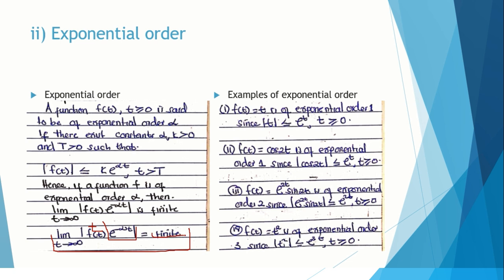So when we place in our alpha being equal to 1 and t tending to infinity, we know very well that it's going to give us a finite value. So we have every right to say that our function f of t is of an exponential order of 1, since the magnitude of t is less than or equal to e to the power t for t greater than or equal to 0.